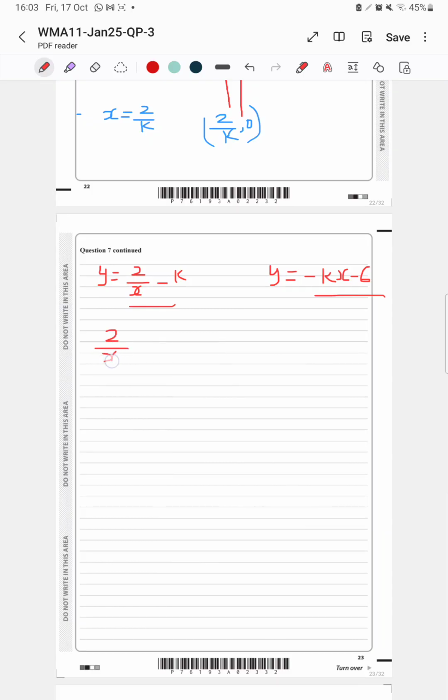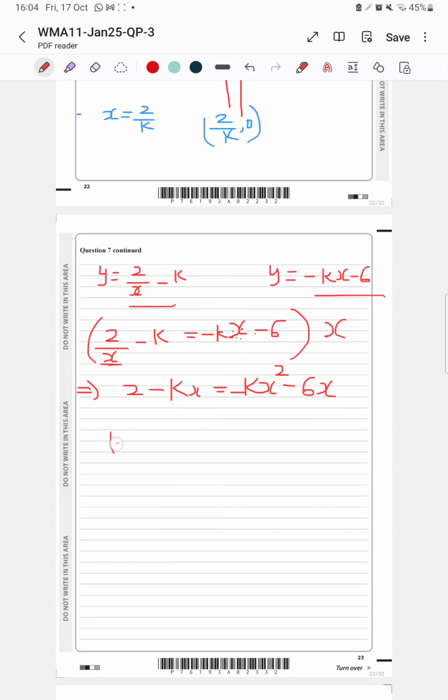So 2 over x minus k is equal to minus kx minus 6. And when I solve this equation, there should be two solutions, and they are asking what is the value of k for that. So when I equate, I will remove this x by multiplying both sides by x. So I got 2 minus kx is equal to minus kx squared minus 6x.